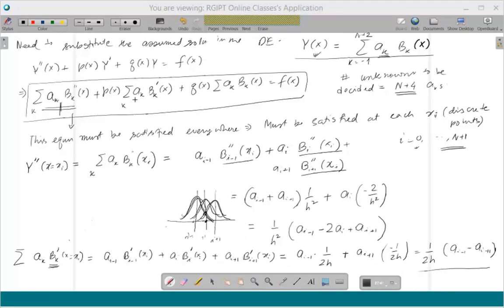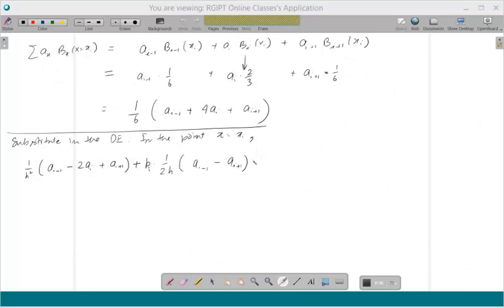That is the a_k b_k prime term. This is p of x at x equal to x_i, which becomes p_i, and this thing becomes equal to this. Plus q of x, that is q at x_i, which becomes q_i into y at x_i, which is multiplied with 1 by 6 (a_(i-1) plus 4a_i plus a_(i+1)).